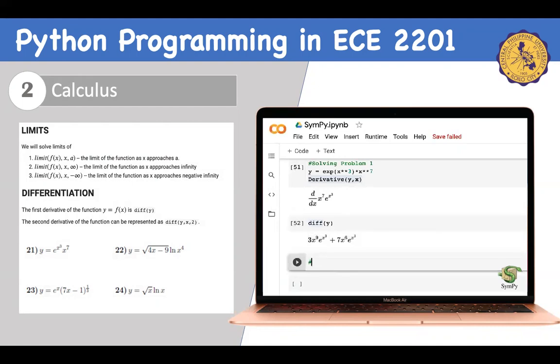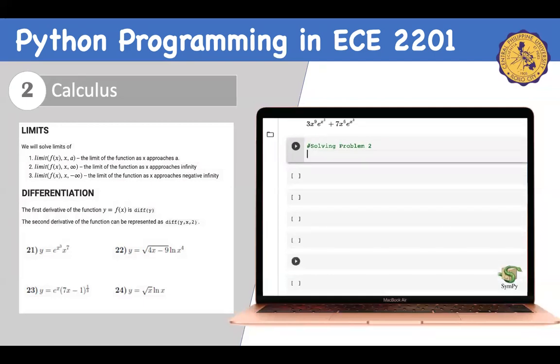Now let's try another problem. In this lecture, you are going to learn how to write equations as well. Not only solving equations, but you will learn also how to write a symbolic mathematical equation.